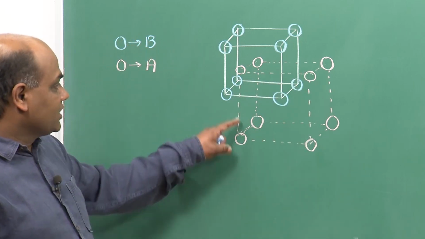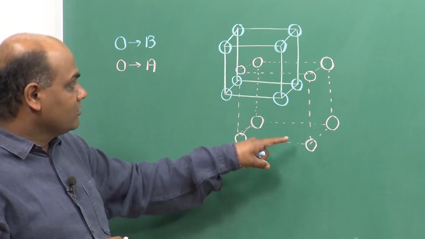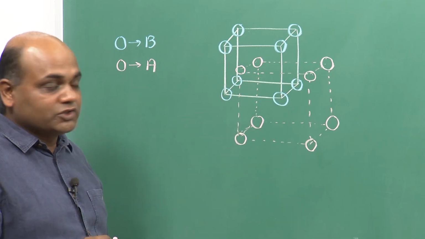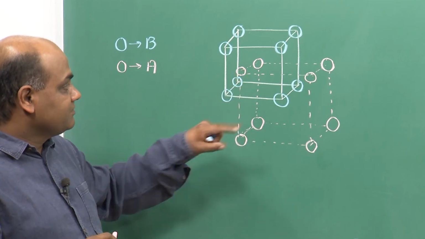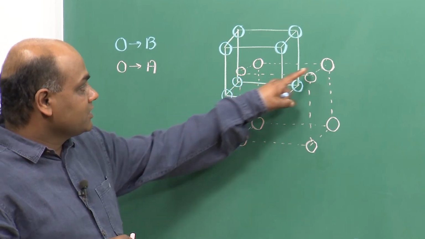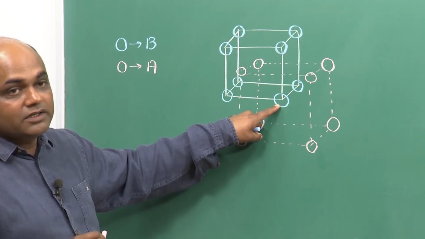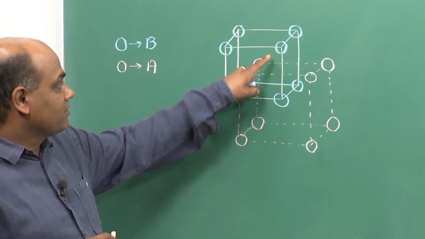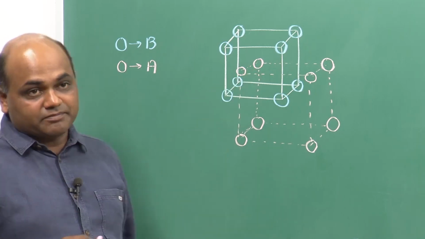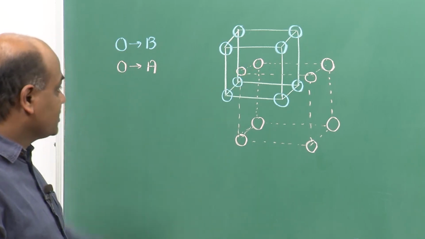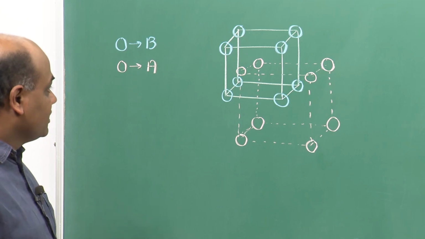So, this is another sublattice of type A atoms. You can see 2 interpenetrating simple cubic sublattices: the sublattice of A, at the body center of which you have a B atom, and the sublattice of B, at the body center of which you have an A atom. So, this is the B2 type of structure.